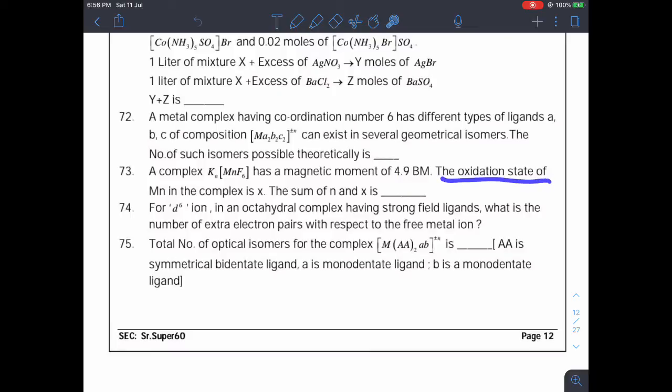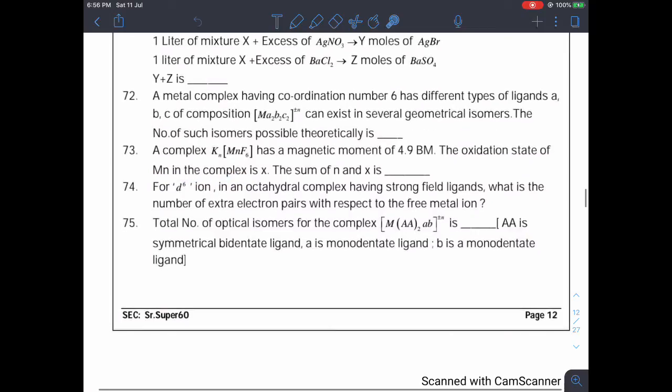Now, the oxidation state of Mn in such complexes. How many unpaired electrons do we have here? We have 4 unpaired electrons in MnF6 and we do not know the oxidation number. So let's do the electronic configuration of Mn first. What will be the electronic configuration of Mn? It will be argon 3d5 4s2.